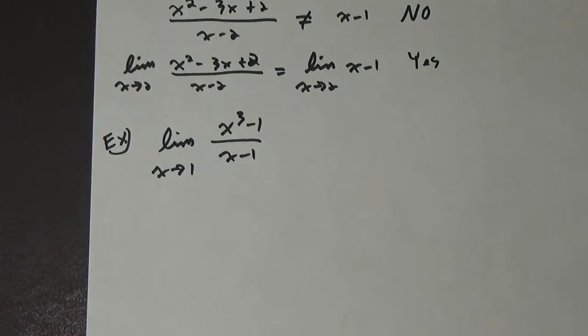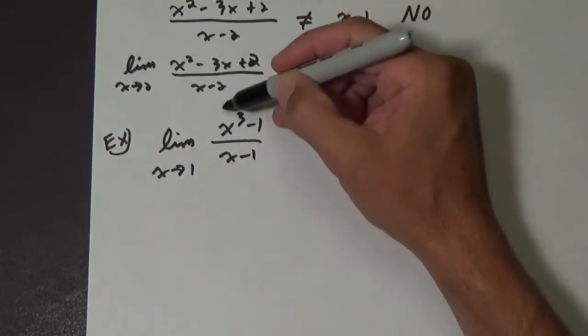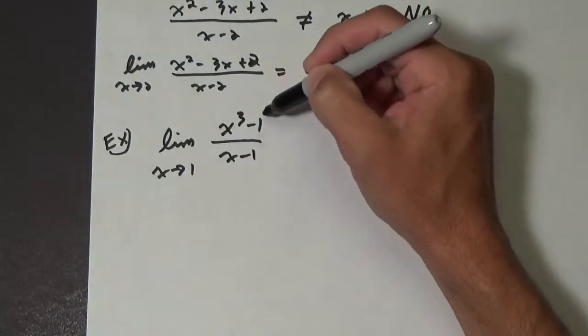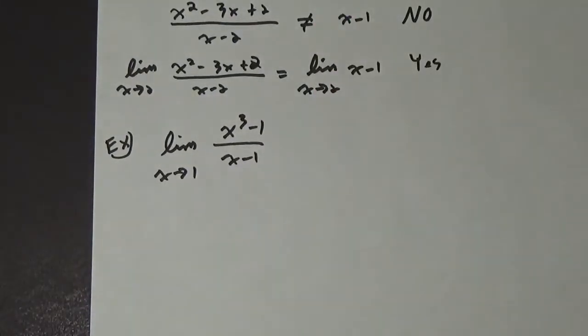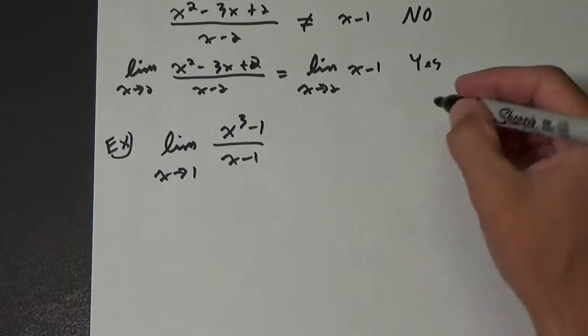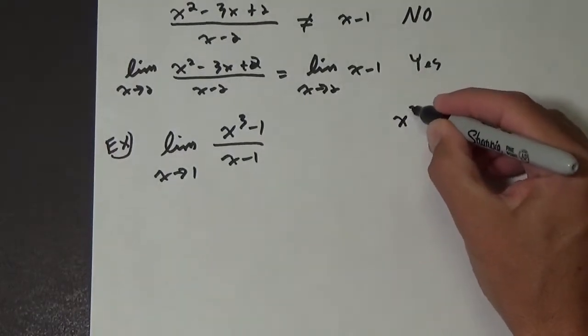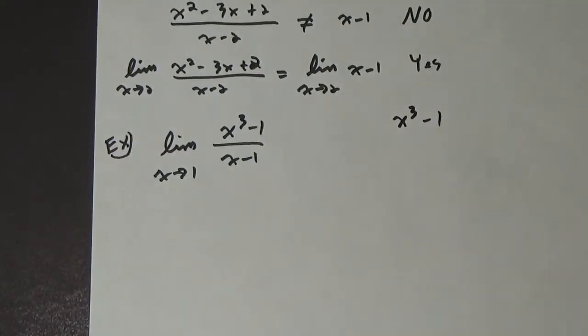So now we have to factor. But then, of course, we get to this idea of, well, how do we factor x cubed minus 1? Well, if you remember, it's a cubic. So because it's a cubic, you have factor by grouping, or we can use the rational zero test.